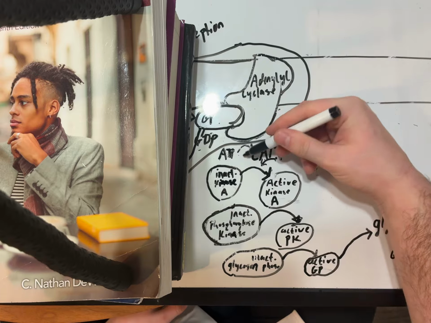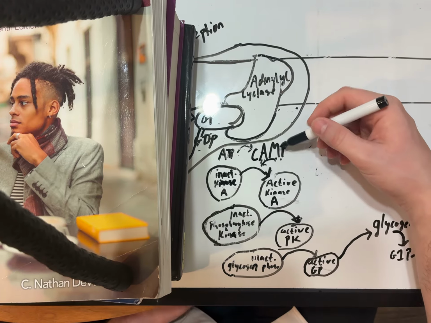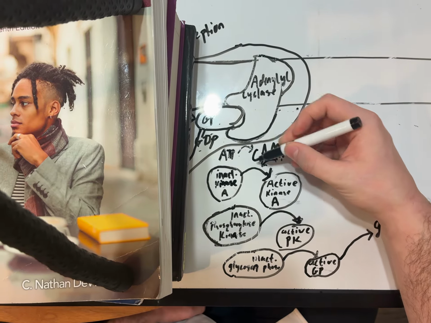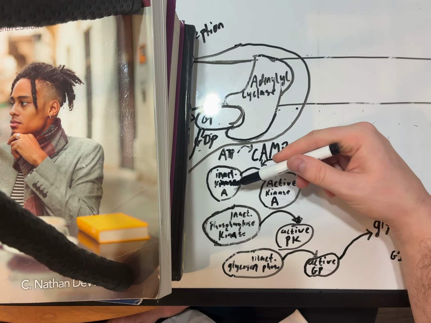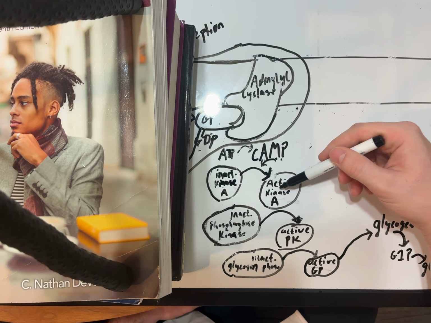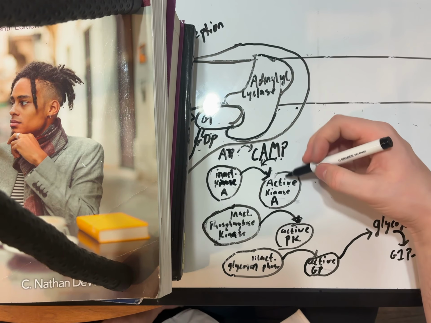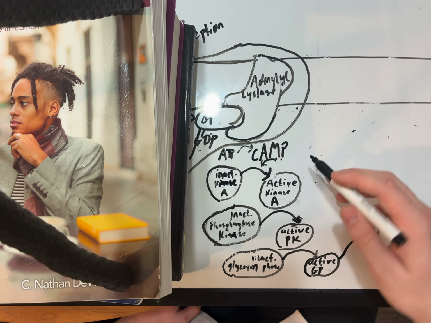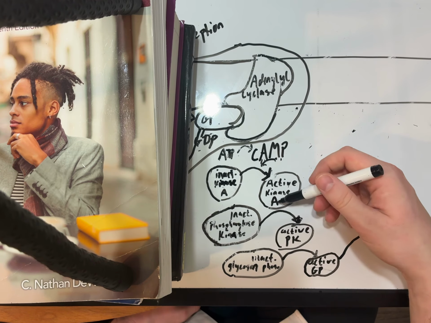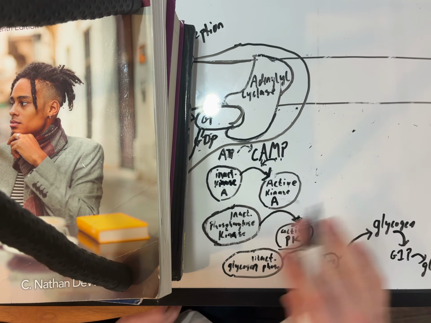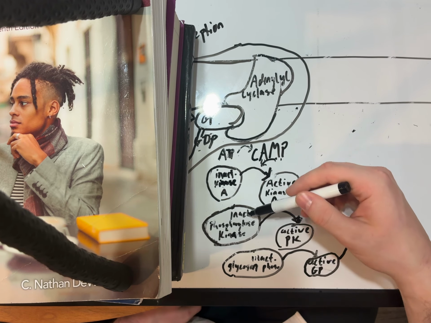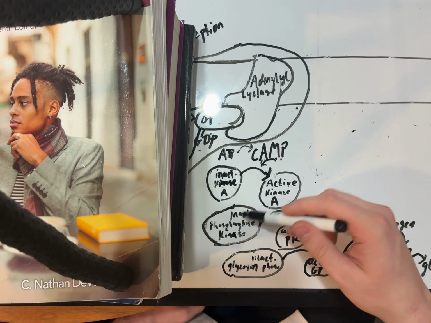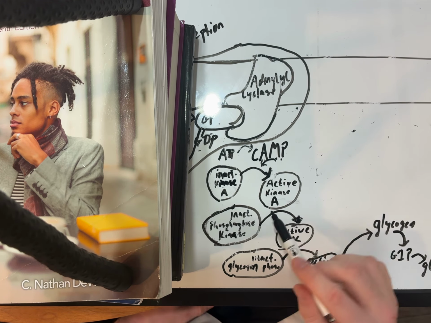So we have ATP that has been converted to cyclic AMP, and that cyclic AMP is activating protein kinase A. So this PKA is now activated. That activated protein kinase A is then going to be able to phosphorylate another couple of these molecules, which are phosphorylase kinases.